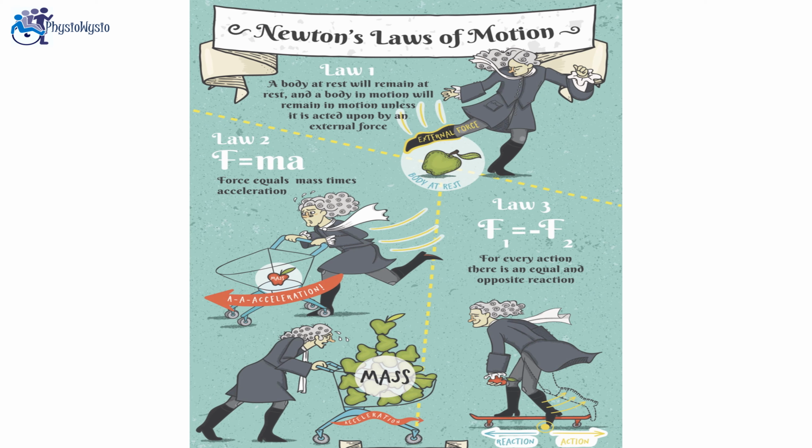Each ball will travel a different distance at a different speed when it is hit with the same force. Coming to Newton's third law, also known as the law of action and reaction, it states that for every action there is an equal and opposite reaction. For example, if you hit a ball against the wall, it will bounce back with the same or equal force but in the opposite direction.